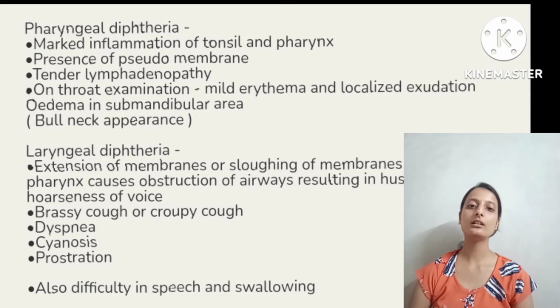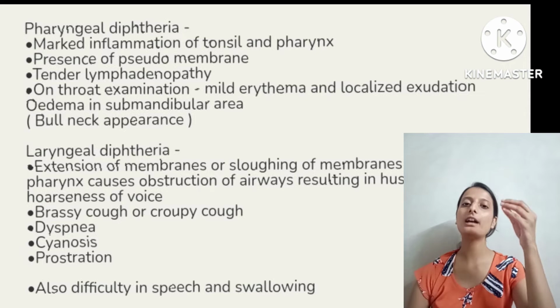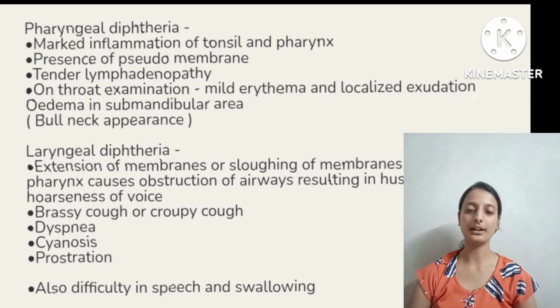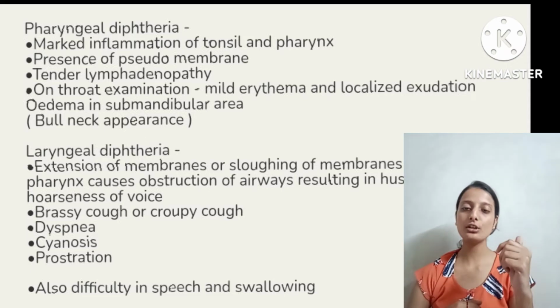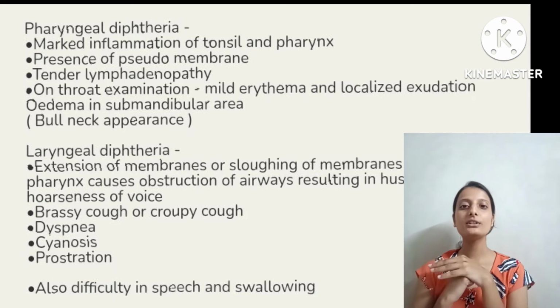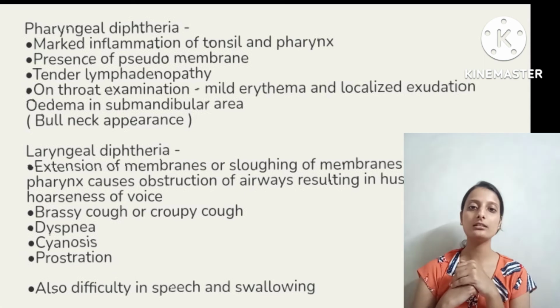Then the third was laryngeal diphtheria. In laryngeal diphtheria it is due to the extension or sloughing off of the pseudomembrane from the pharynx. Due to that extension of the pseudomembrane there is obstruction to the airways, and hoarseness of voice or husky voice can be observed.